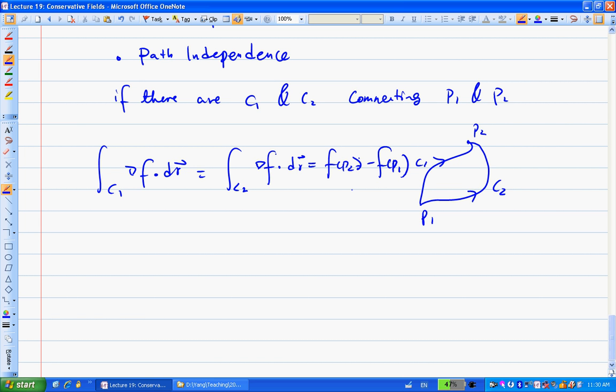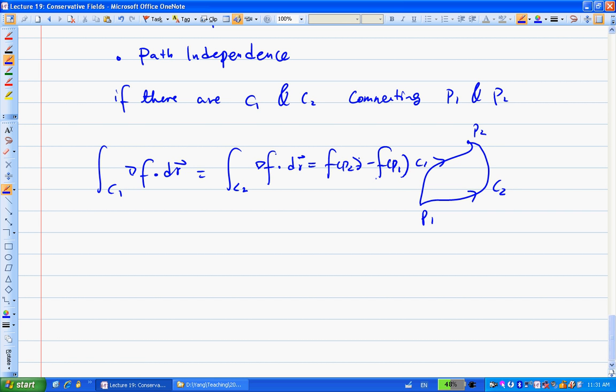But if you see that your vector field is actually equal to del f, coming from a gradient function f, then you don't need to calculate this line integral anymore. You can simply evaluate it by looking at the difference between the function f values at the end and starting points.